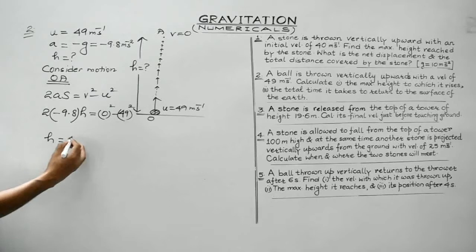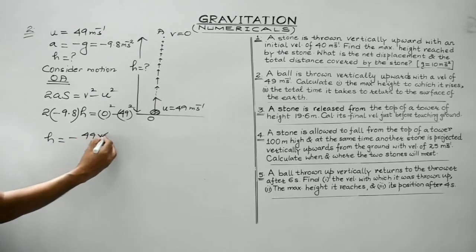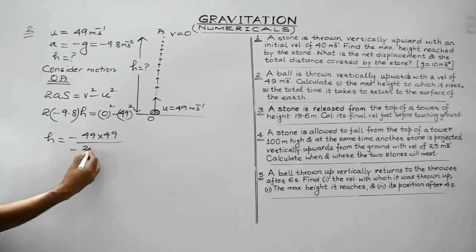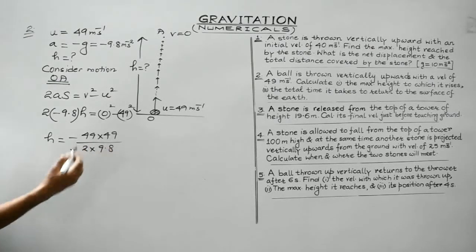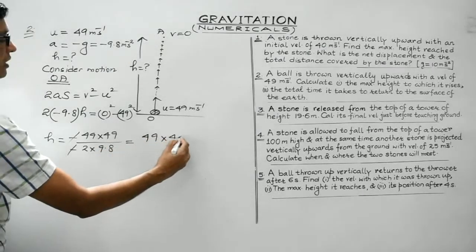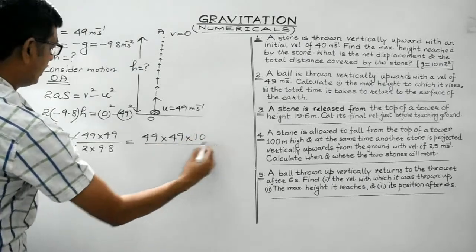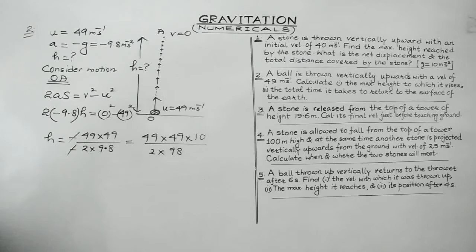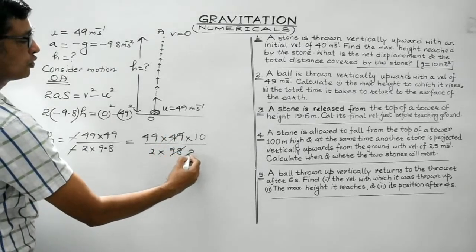So h will be equal to minus 49 square divided by minus 2 into 9.8. Minus minus get cancelled, isn't it? This decimal can be written in this particular manner as well, divided by 2 into 98. Clear, students? 49 into 2 is 98.